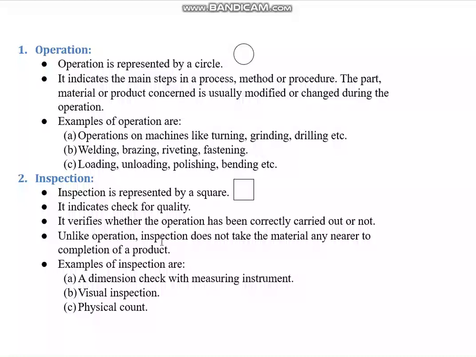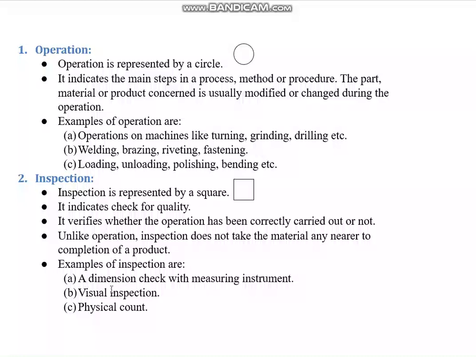That's why in this definition they have said it takes material nearer to the completion. Here we are not adding, modifying or changing anything. Such a thing is inspection.